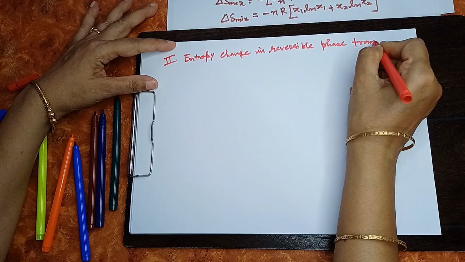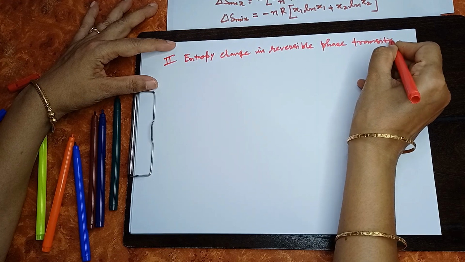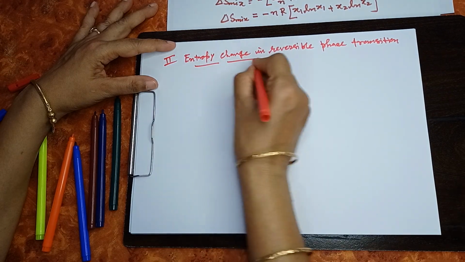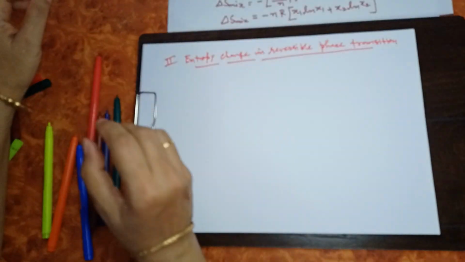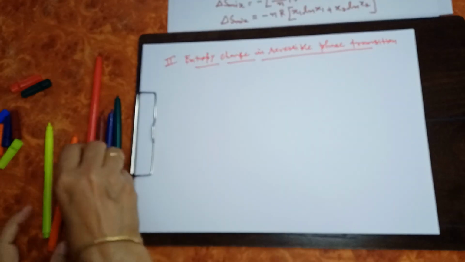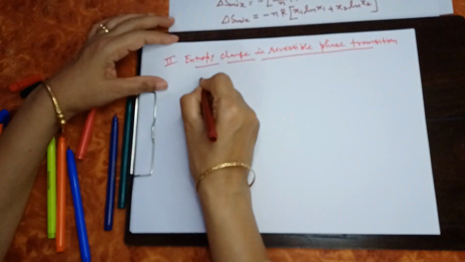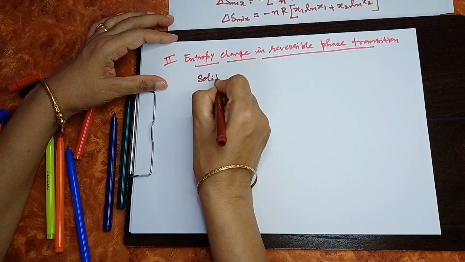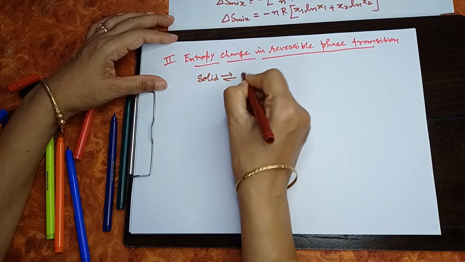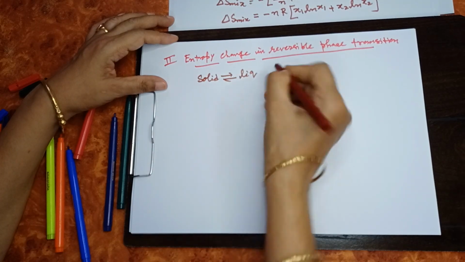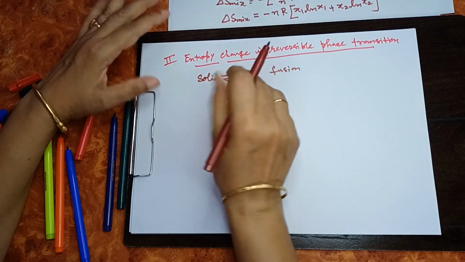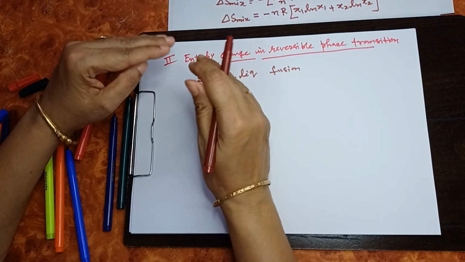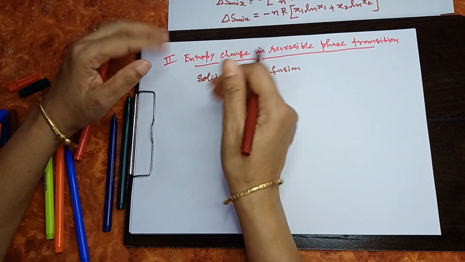Phase transition means transformation of the physical state. Say for example, solid to liquid. This is your fusion. And all of you know that solid to liquid means fusion or melting.